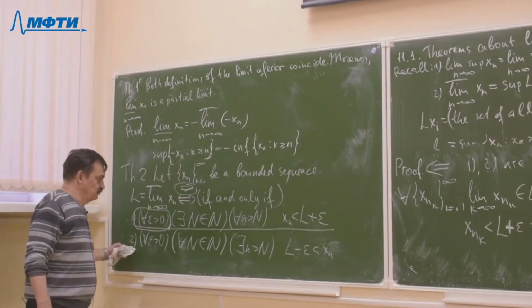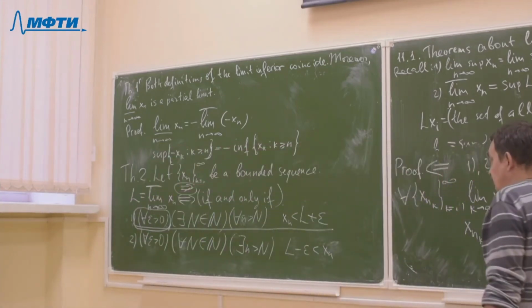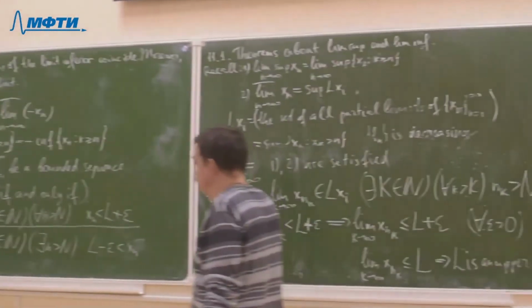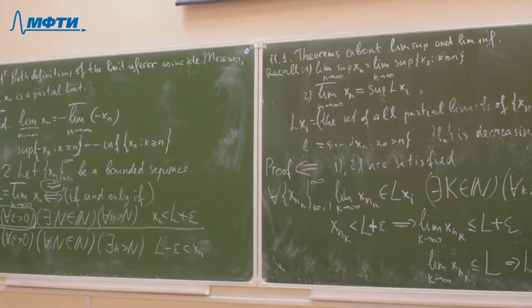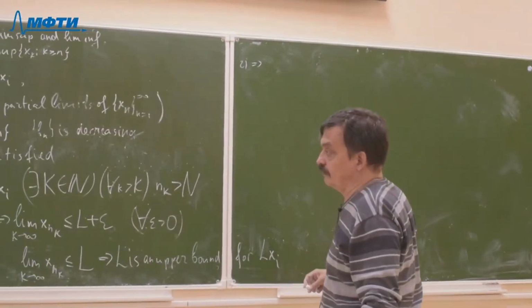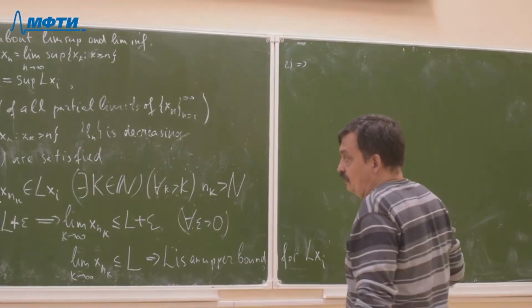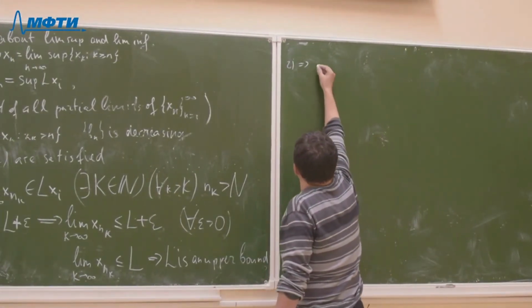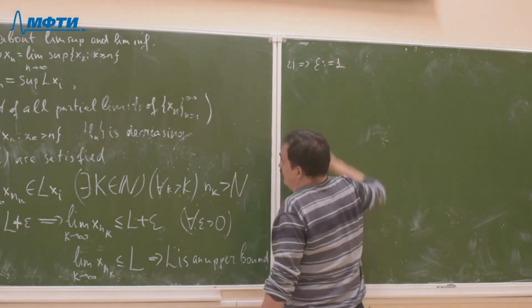Now for 2, we may observe once again, I may repeat the same construction. So once again, what 2 gives. Look, we have epsilon equal to, firstly, let's say 1, right?